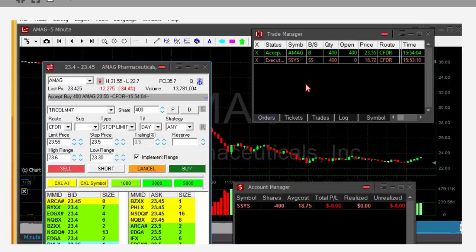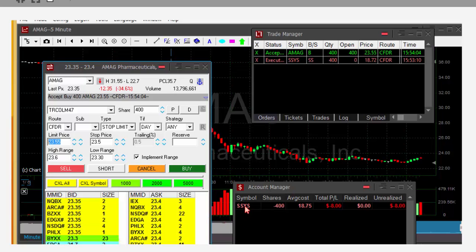Buy. Okay, now I've done it right. So I have an order to go long if the price here is at 50, and I have an order to sell at not more than 55, and my high range is 60. If it's going to reach 60, I'm going to be out, and my low range is 30. That means if it goes down, I'm going to be out too. But it's not being implemented right now, as you can see.